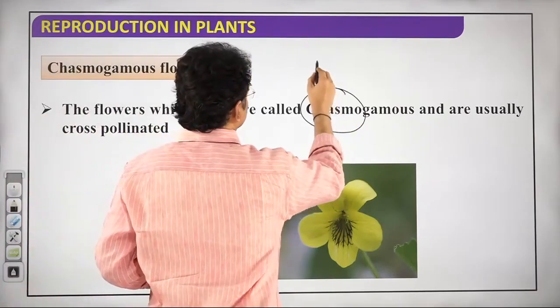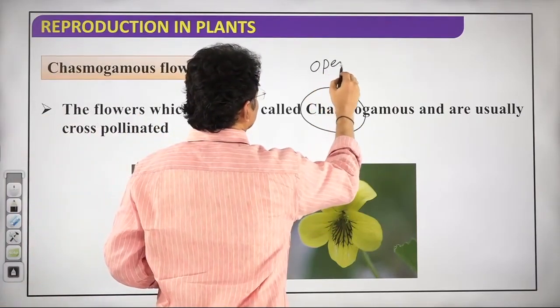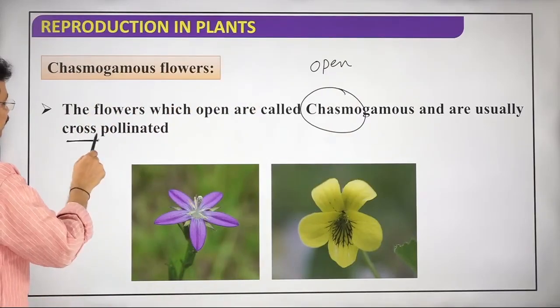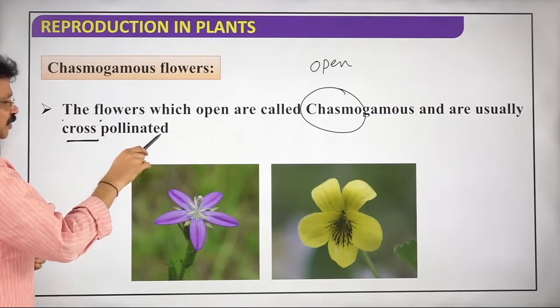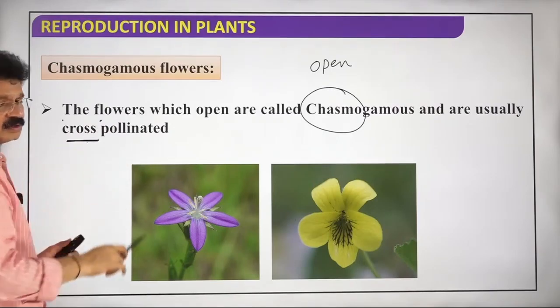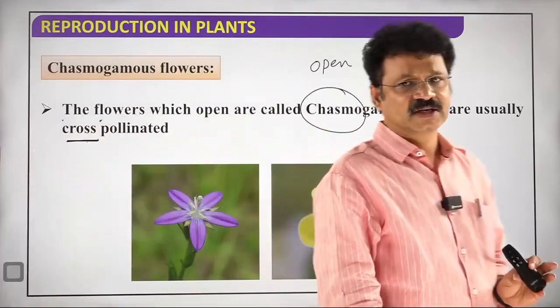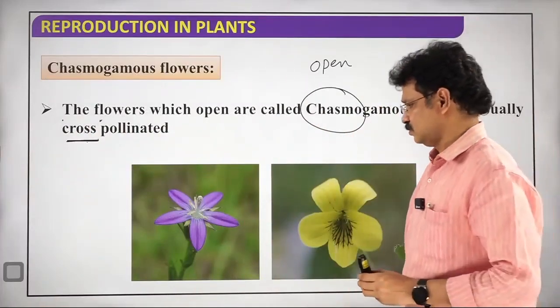In Greek, chasmo means open. Usually these are cross-pollinated. It is a valuable point: if the flower is open, then only cross-pollination is possible. Without opening of the flower, cross-pollination is not at all possible.